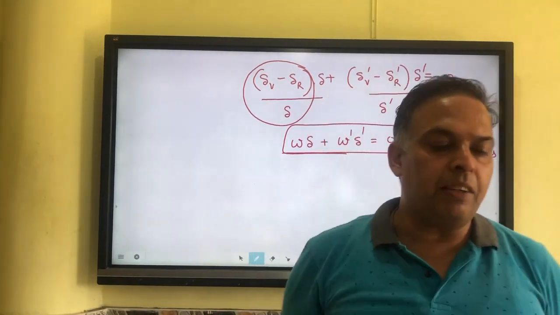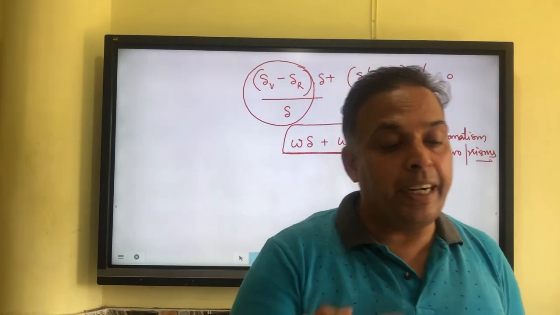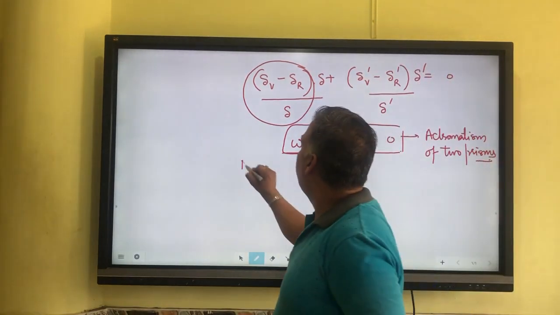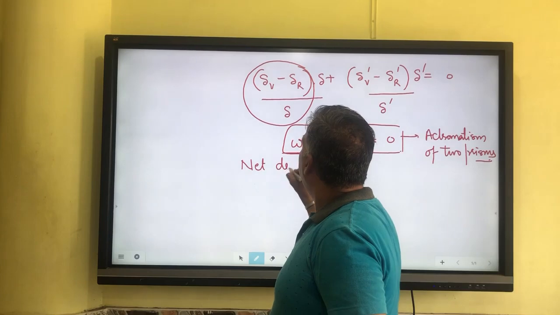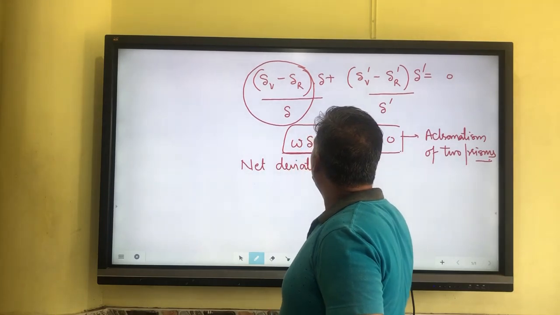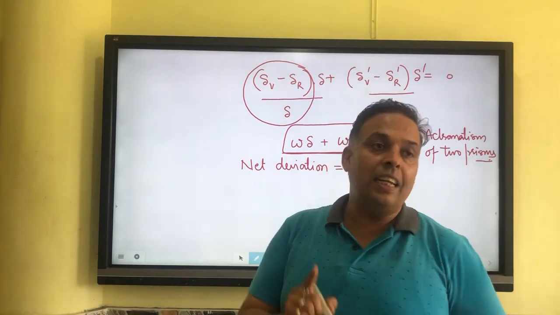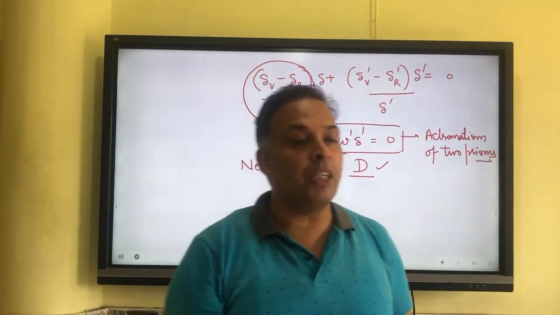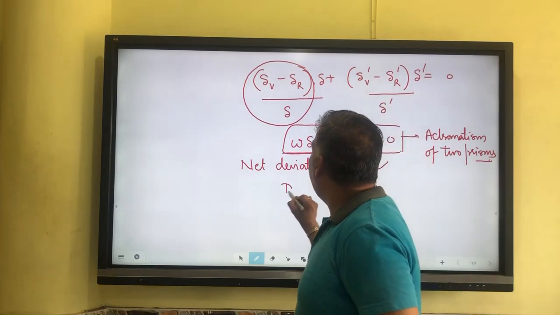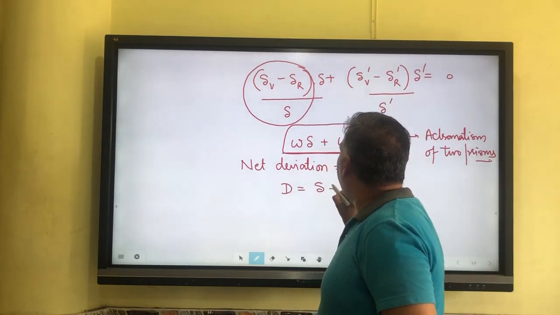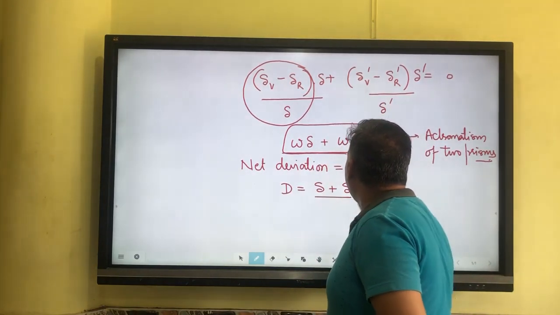To clarify, let us now find out the net deviation, called D. We are saying deviation without dispersion in this case. The net deviation has one prism giving deviation delta and another giving deviation delta dash.